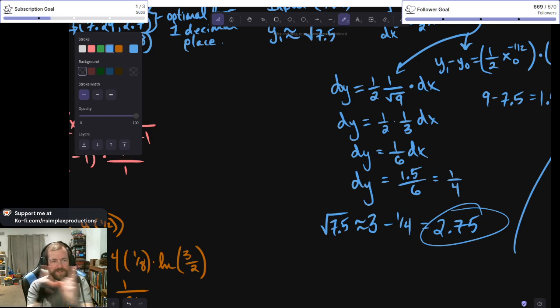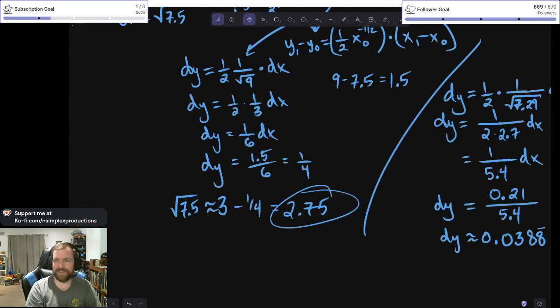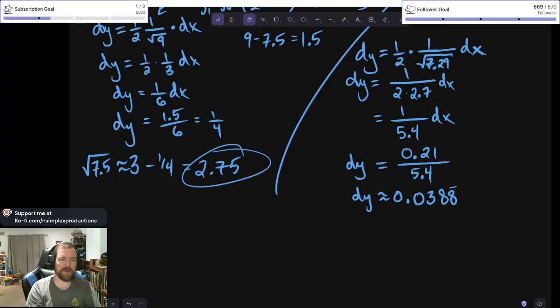If you're going to the left, it has to be going down. If you're going to the right, it has to be going up. So here, coming from x equals 9 to x equals 7.5, we're moving to the left. Therefore, our function value is going to be coming down. Think about it in terms of number sense, and it works pretty well.